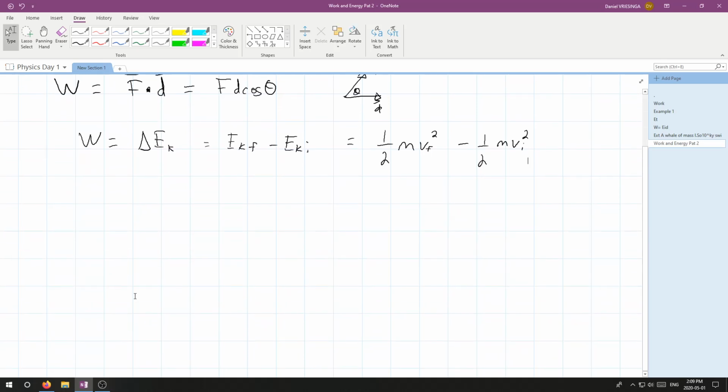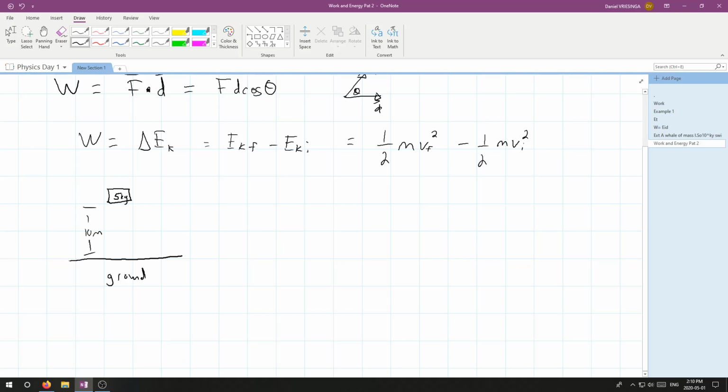So let's look at an example of that and fill in the picture a little bit more here. If this was my ground, let's say, and I have a 5 kilogram mass up here, and it is 10 meters above the ground.